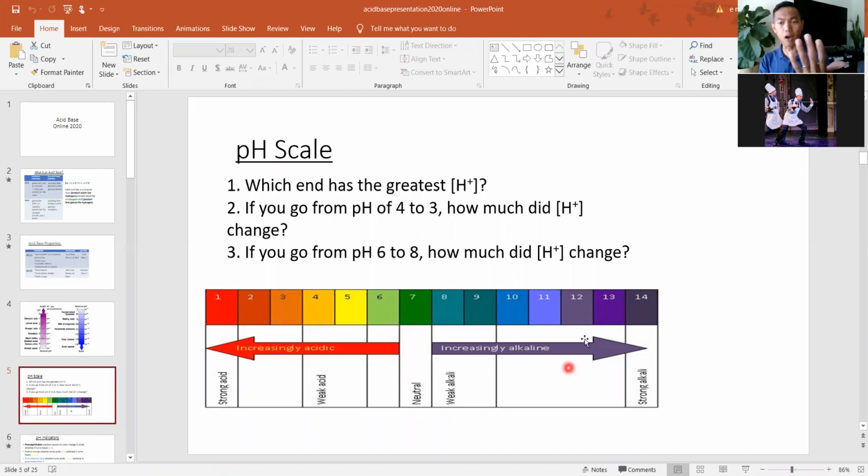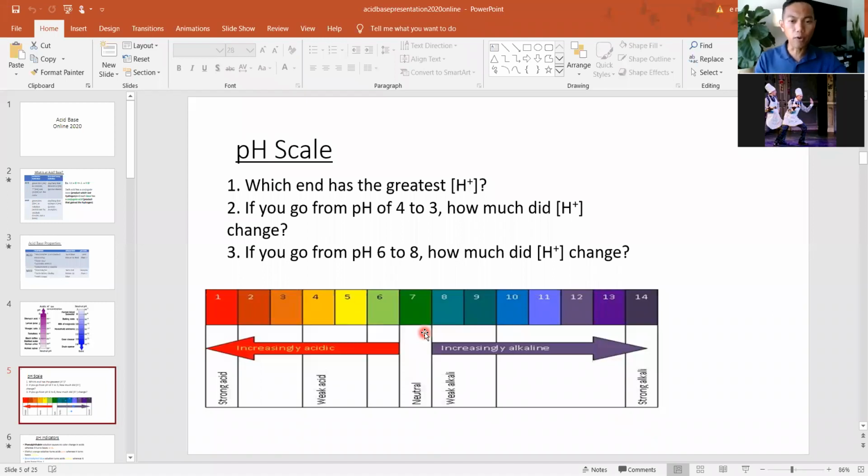Then obviously the opposite is true on the other side. The far end would be the least acidic, but if you flip the coin, least acidic is another way of saying it's the most basic, so most alkaline. Just keep in mind that it's a full range from 1 to 14, and neutral is right in the middle, which is 7.